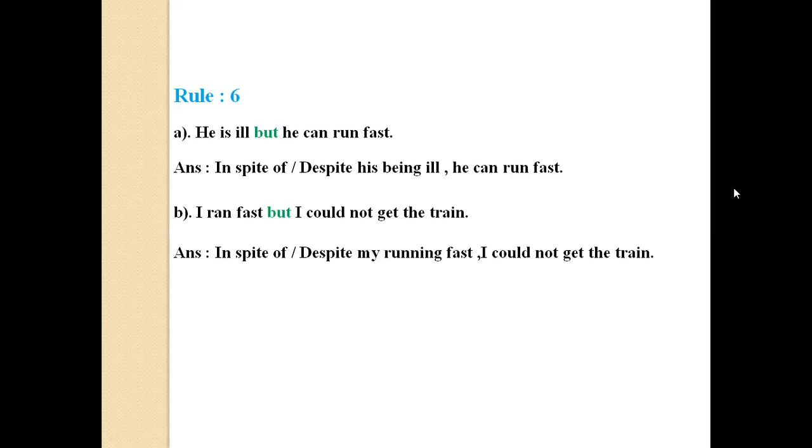So in spite of or despite running fast, omit but and use a comma and write the rest of the sentence. I could not get the train. So the answer will be in spite of or despite my running fast, I could not get the train.